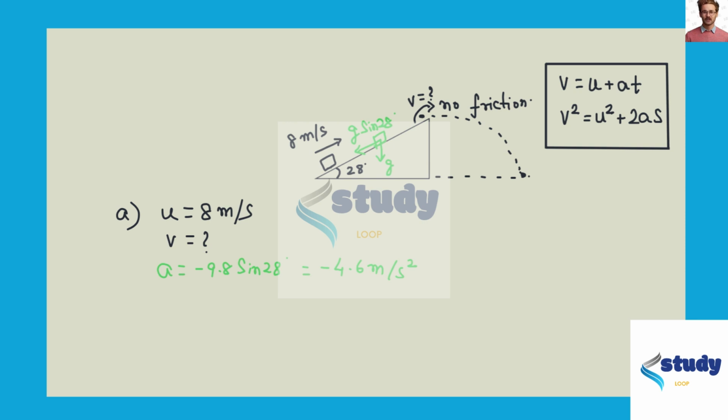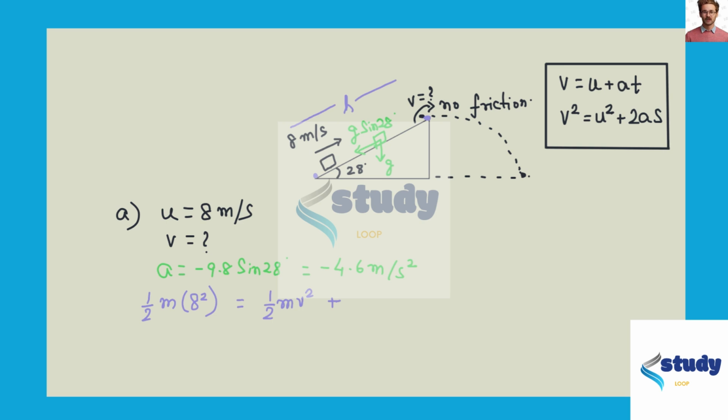Here we will consider h as the distance of this inclined plane through which the block travels. Let's apply energy conservation. The total energy at the bottom point is the kinetic energy, half m u squared, which equals the total energy at the top point, half m v squared plus the gravitational potential energy.